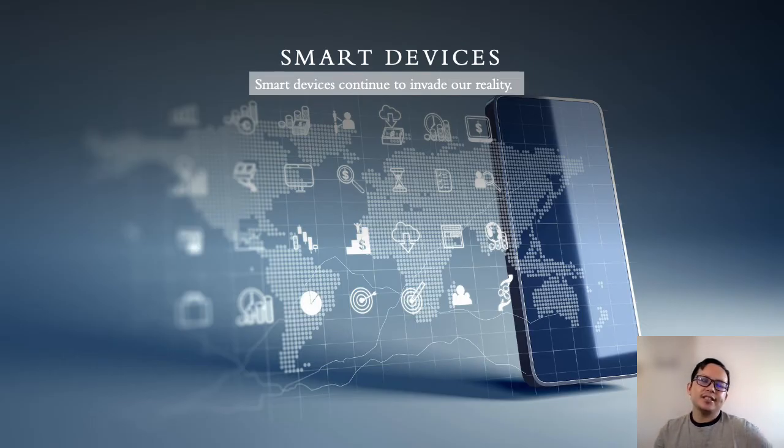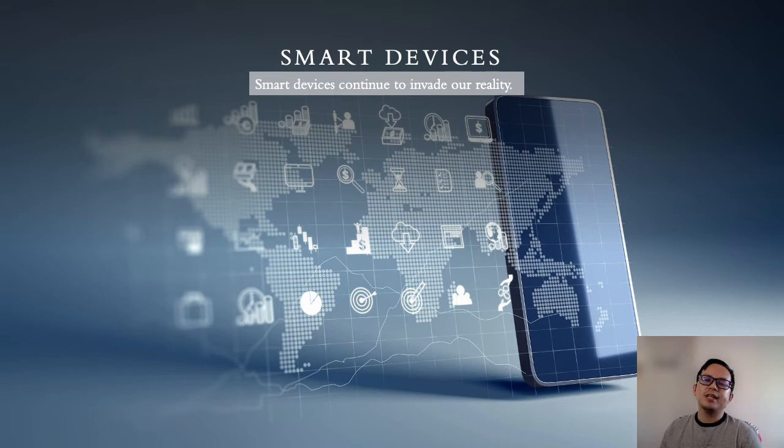Smart devices. I was born in an era where we didn't have that many smart devices. The first time I used a smart device, I think was in 2009 when I had my 3D LG that I could use to access the internet.